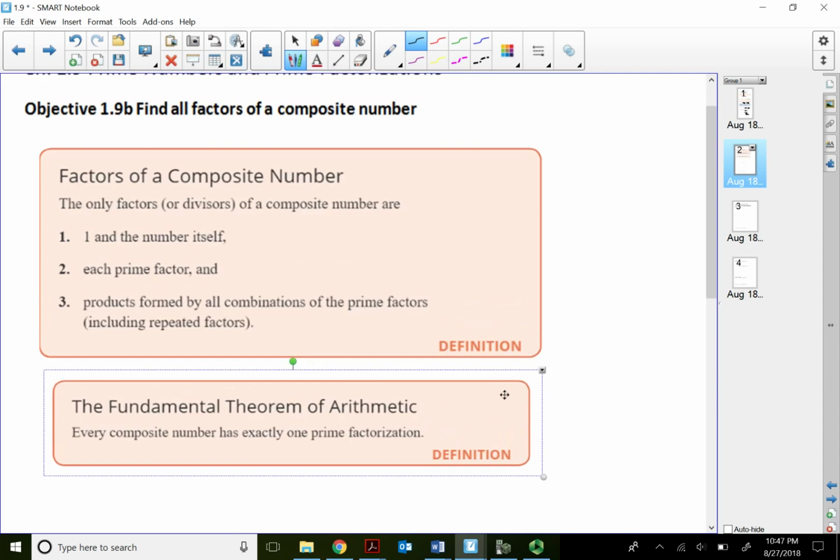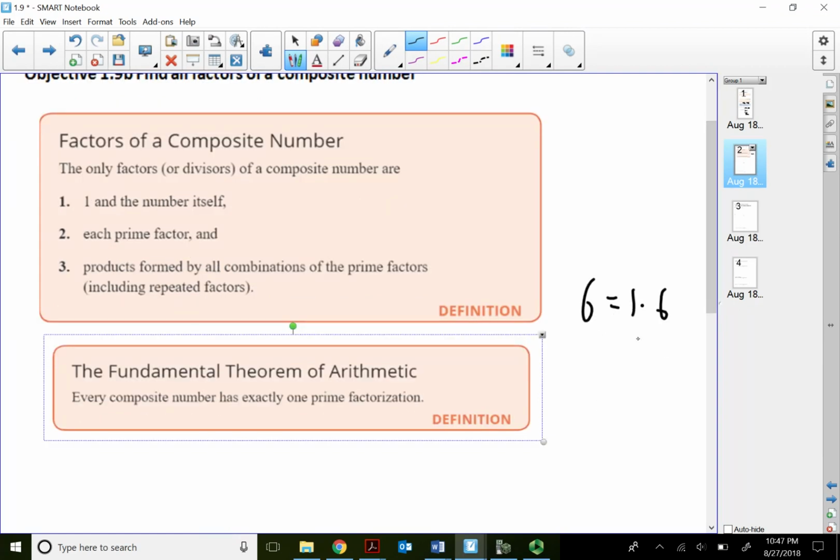So what that means is, since we haven't talked about prime factorization, it's kind of hard to understand. Prime factorization is basically using prime numbers to break down any composite number. So for example, if I have a 6, 6 is 1 times 6 and 2 times 3.